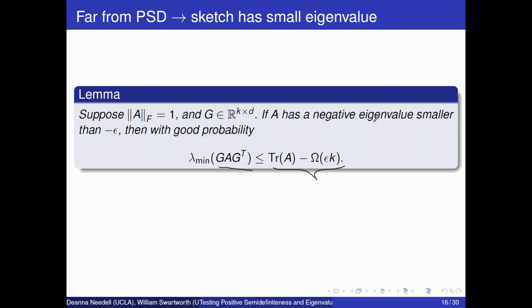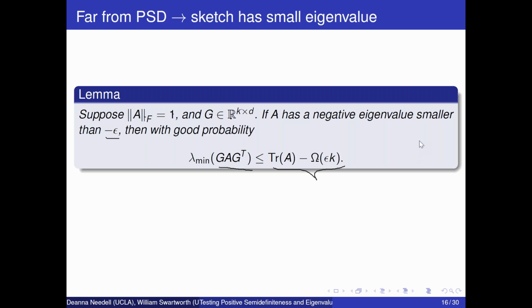And you can show that if A has a negative eigenvalue smaller than minus epsilon times the Frobenius norm of A, and the Frobenius norm of A is 1, then the minimum eigenvalue of G A G transpose with good probability is going to be less than the trace of A minus epsilon times k. Now, k is the small dimension of this Gaussian matrix. We're going to figure out how to set it later.